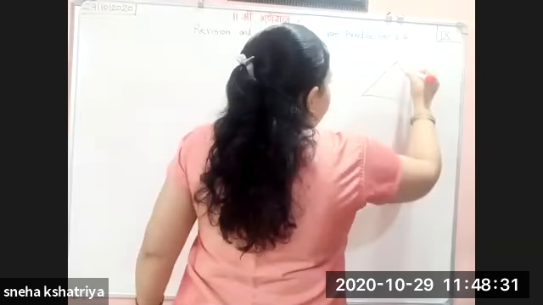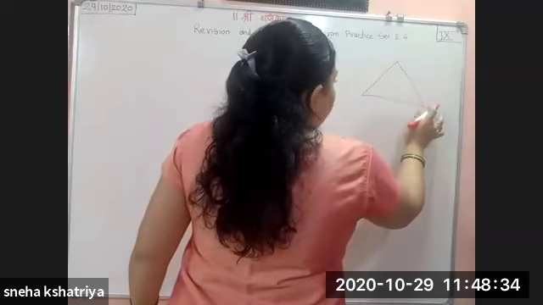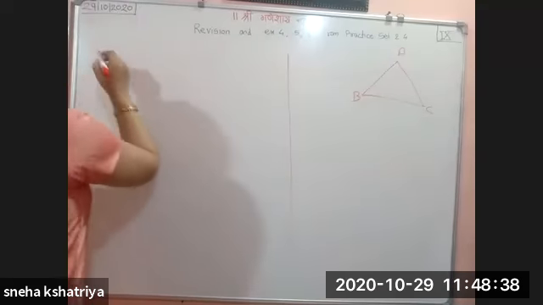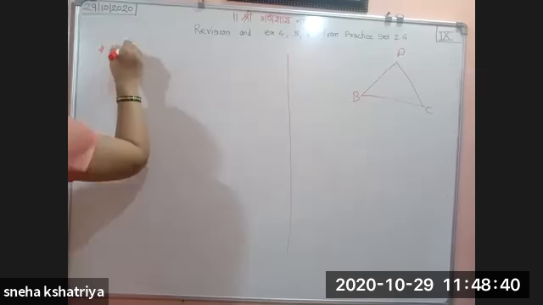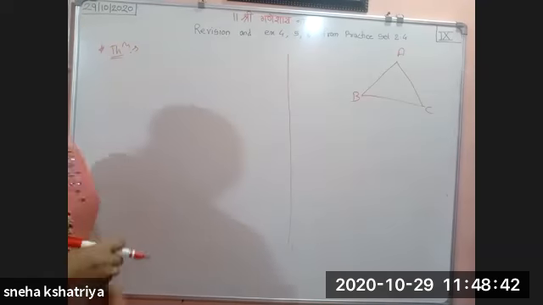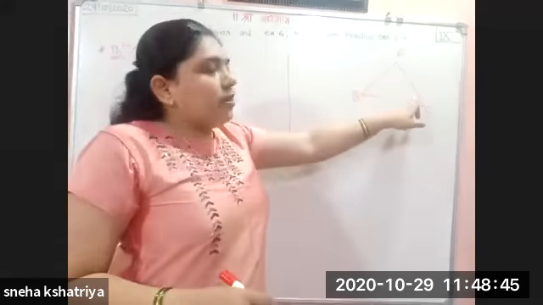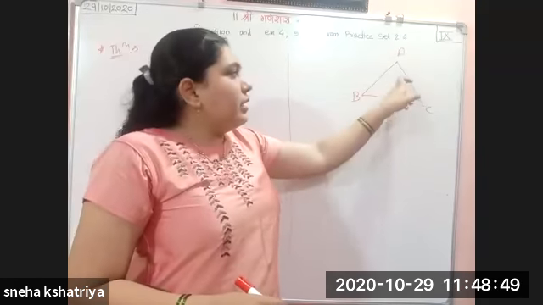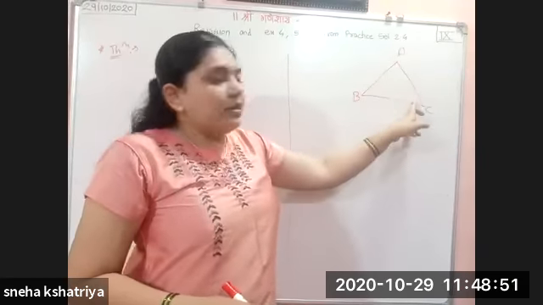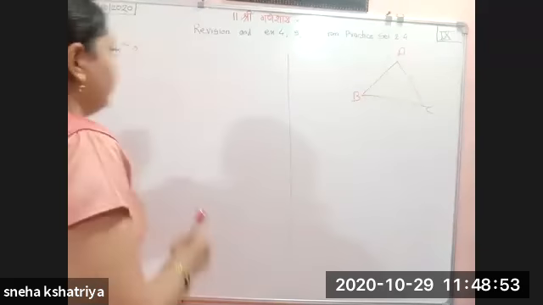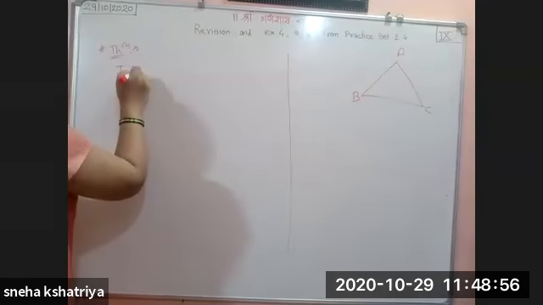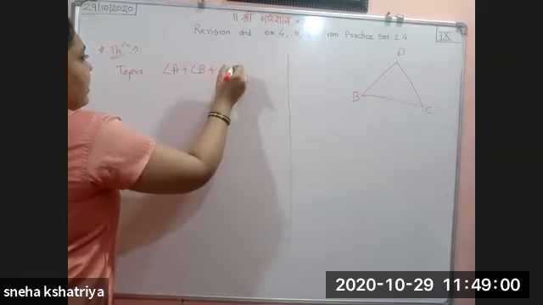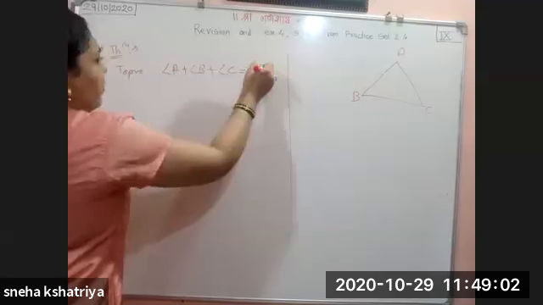A triangle ABC is given, and the theorem was that the sum of all the angles of a triangle is supplementary, or 180 degrees. So what we have to prove here is angle A plus angle B plus angle C is equal to 180 degrees.